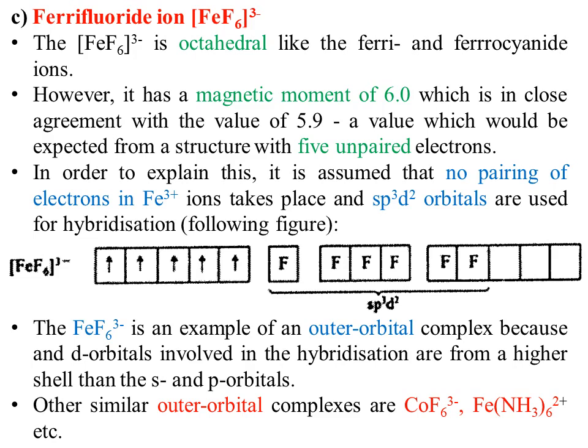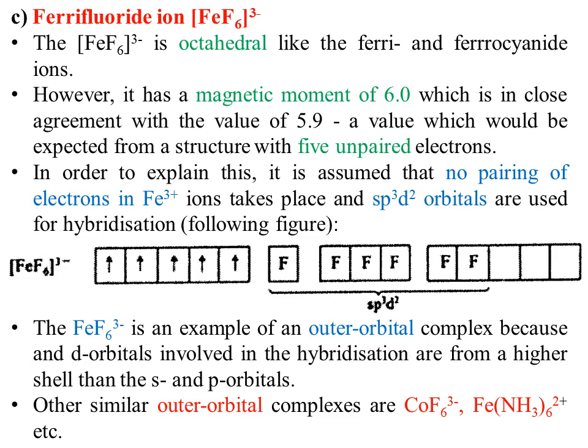In order to explain this, it is assumed that no pairing of electrons in iron plus 3 ion takes place and the mode of hybridization is sp3d2, as we can see from the orbital level diagram that the d subshells that are involved in hybridization are 4d orbitals.